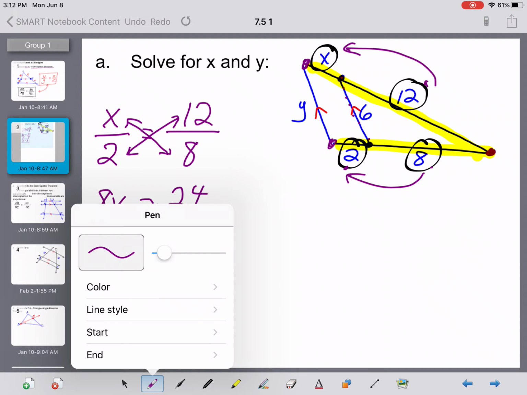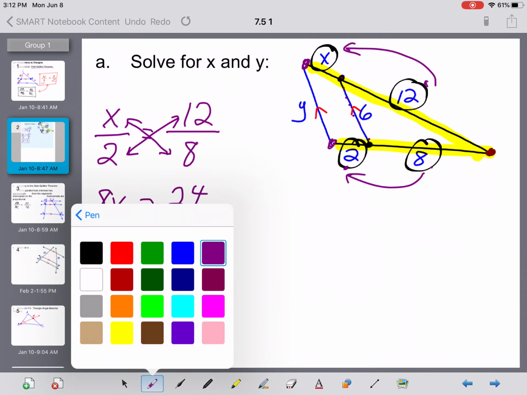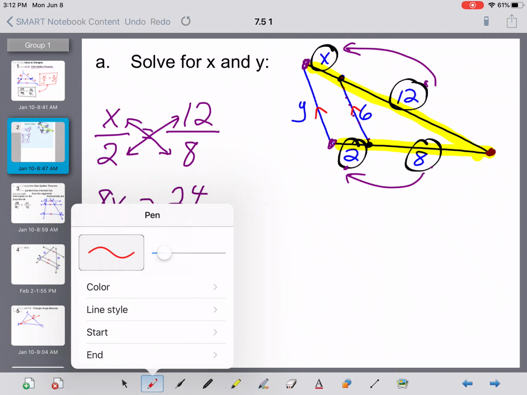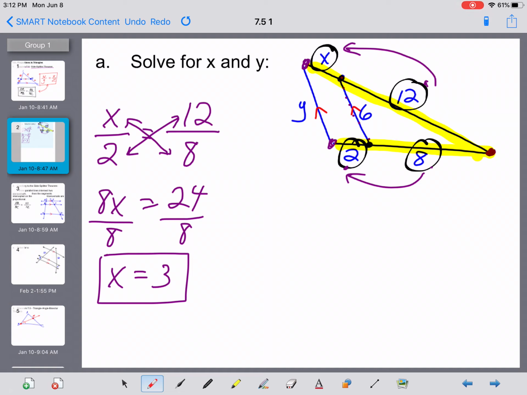Now, this is what I wanted to warn you guys about just a little bit. The side splitter theorem works, obviously, on the two sides that are being split. The problem here is that the y that we're dealing with is one complete side of the original triangle, and you'll notice that that side is not being split by this little parallel piece here in the middle.